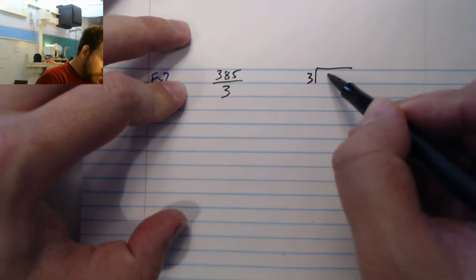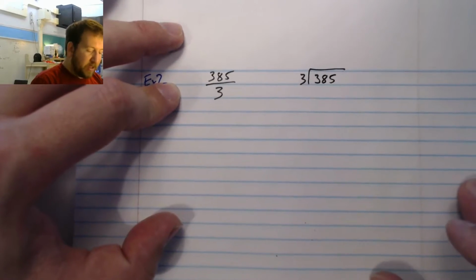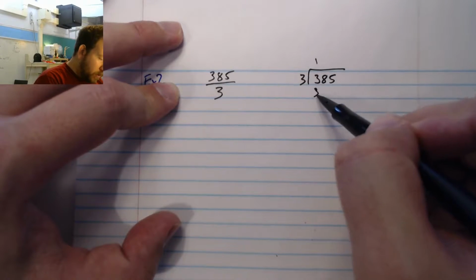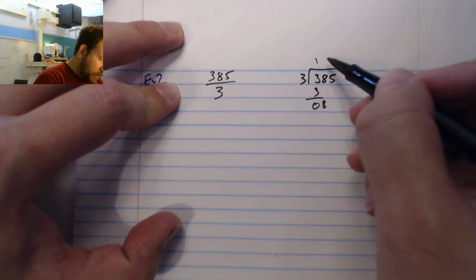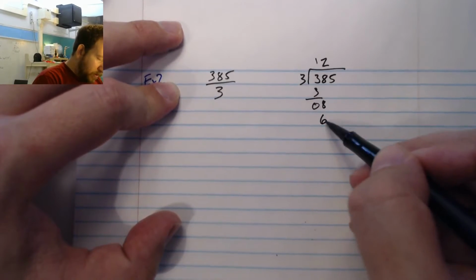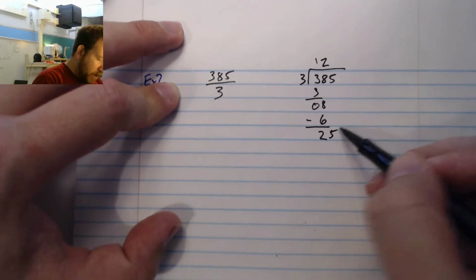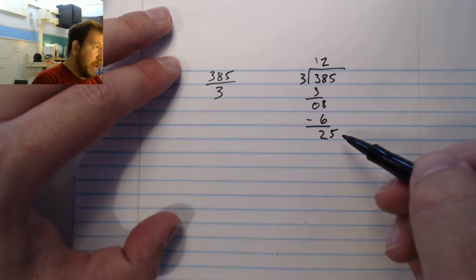3 goes into 385, and if I do it this way, I can just find a remainder. So 3 goes into 3 once, gives me a 0. 3 goes into 8 twice, gives me 6. Bring down my 5. 3 goes into 25 8 times, right?